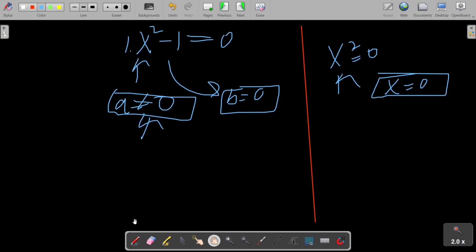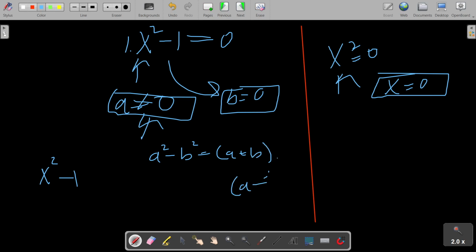To solve this equation, I'm using a method. So x squared minus 1. This is a formula, or you can say identity, the a squared minus b squared identity, which is a plus b into a minus b.